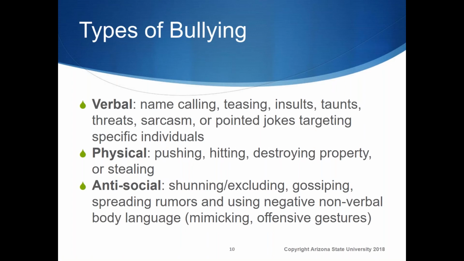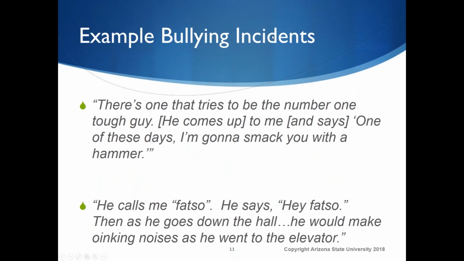Physical is the pushing, hitting, destroying property, stealing, and antisocial, which we see very commonly, is shunning and excluding, gossiping, spreading rumors, and then negative nonverbal language, so mimicking someone, like if they walk with a limp or perhaps have a tic or something, or using offensive gestures.